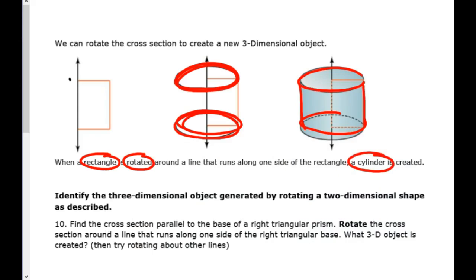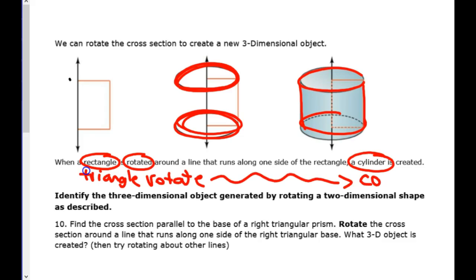So underneath this, let's write some notes real quick, okay? If I take a triangle and I rotate it, it's going to give me a cone. That's the notes, okay? So there's the main two things.